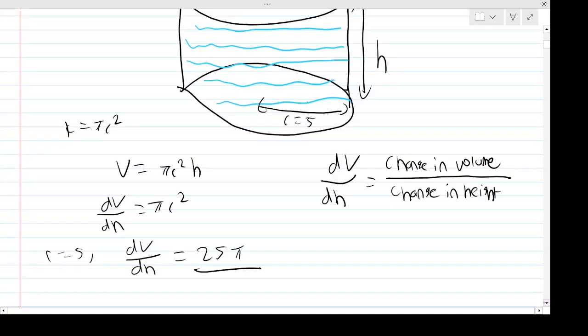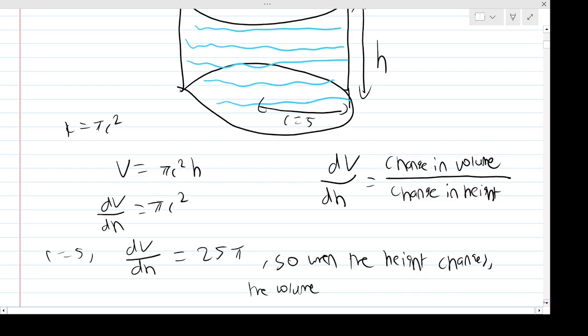That is a rate. It tells me that when the height changes, the volume increases by 25 pi. So for example, if the height changes by 1 centimeter, then the volume changes by 25 pi centimeters cubed.